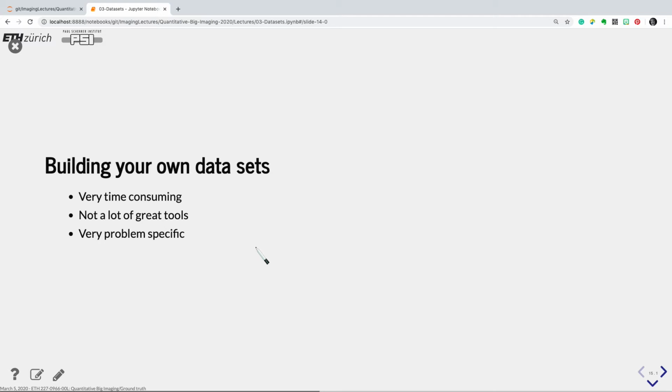Some can be pretty expensive, and also labeling and data preparation is often problem specific, so it's hard to have a generalized tool. So you probably have to look for your own tool suite based on some building blocks, to build your data set.